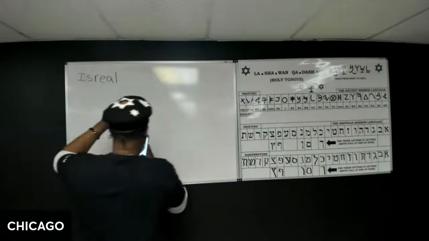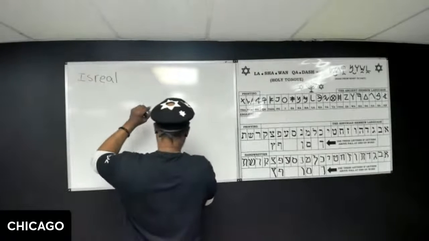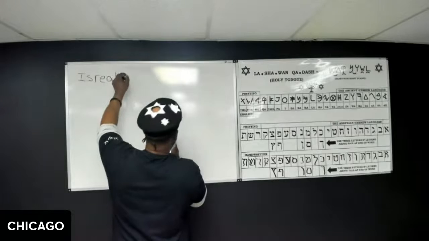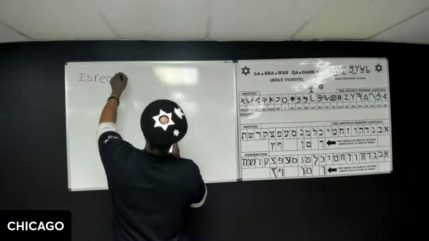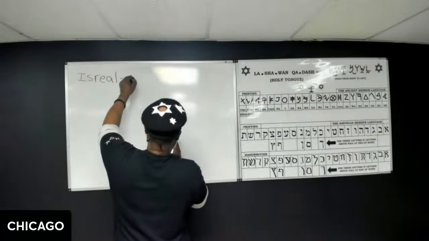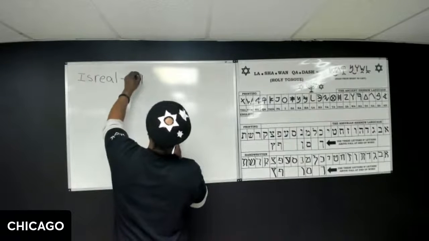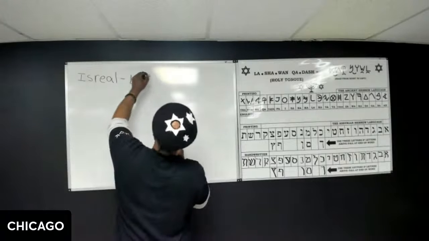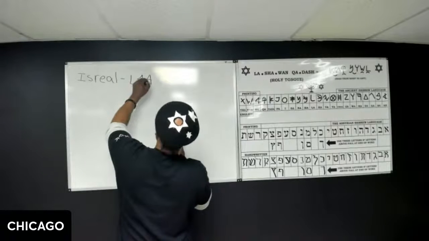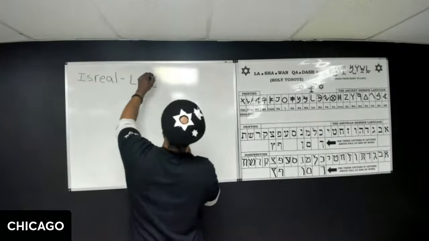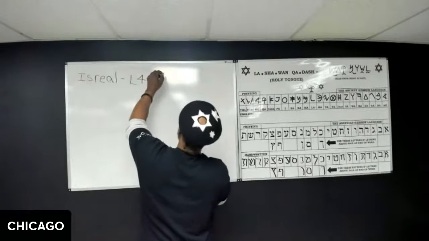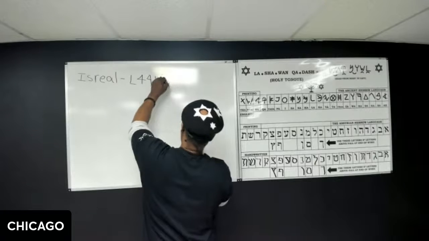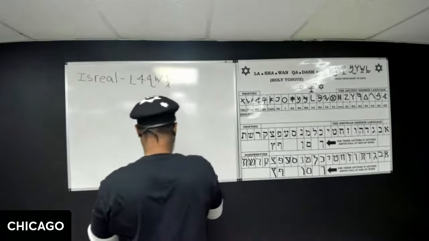Israel. Then biblically, the Hebrew names and nations, Israel. Then we'll do it in the ancient. And then in the Caesarean.